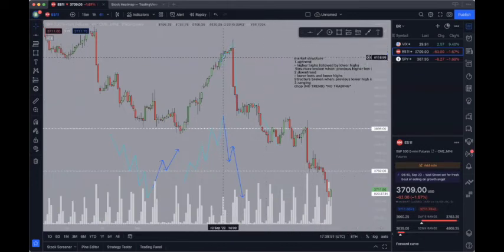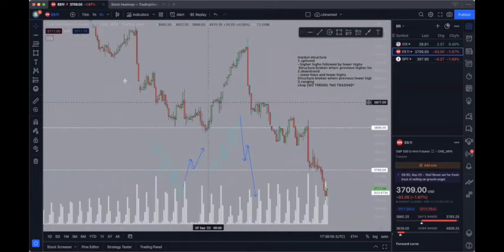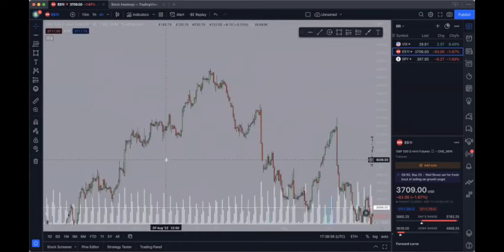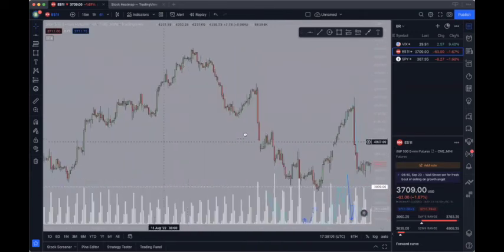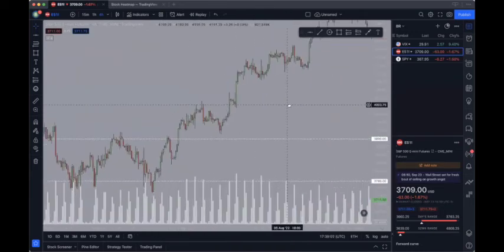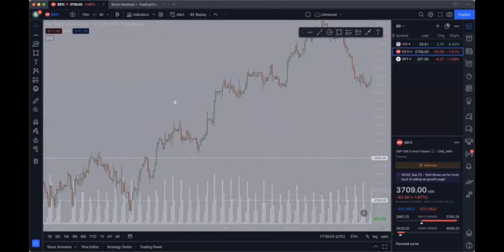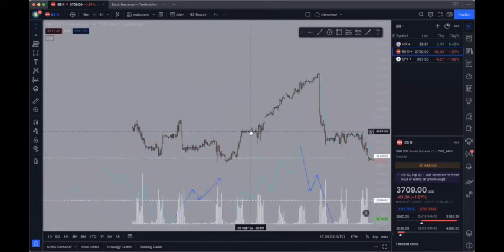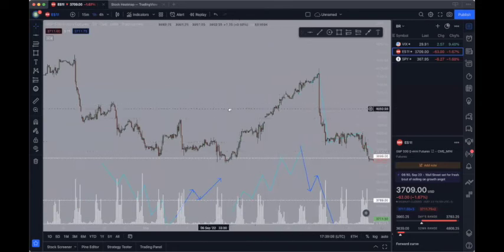So an example of where market structure is broken, and I'll show you an example of a choppy market too. We go to a lower time frame, they're easier to see, where it's just ranging and doing nothing.